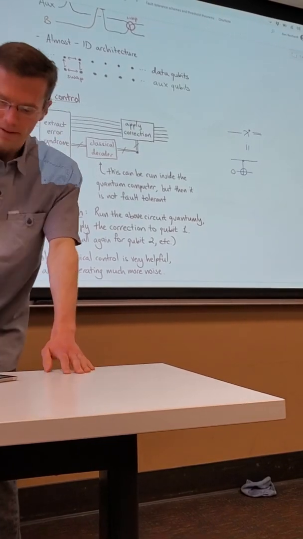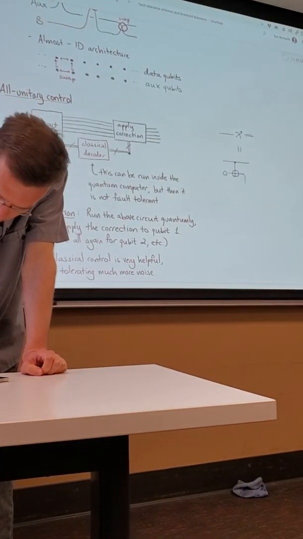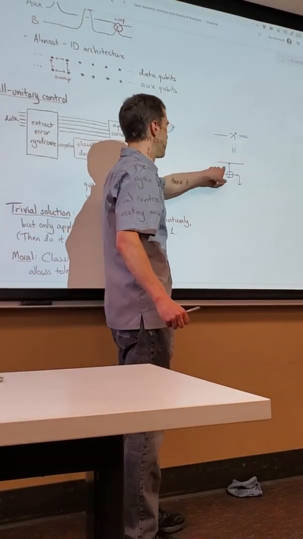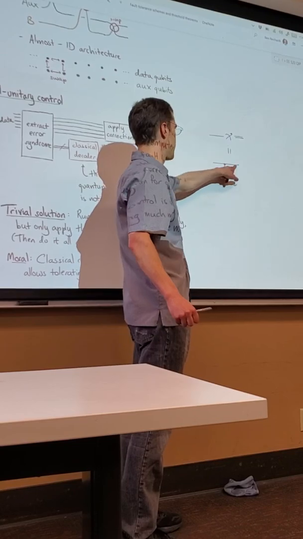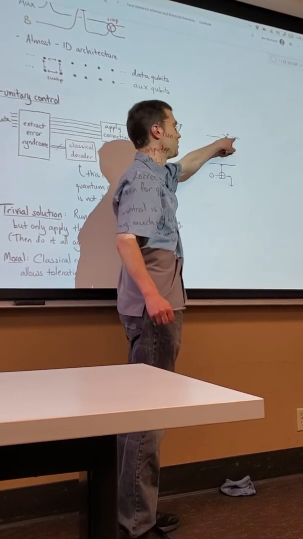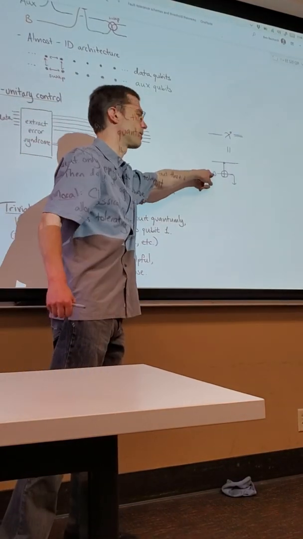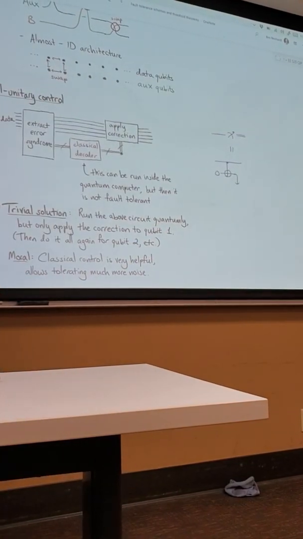You can copy it into an ancilla qubit, and then throw away the qubit. And then essentially this wire now holds the classical measurement results, once we trace out this extra qubit.